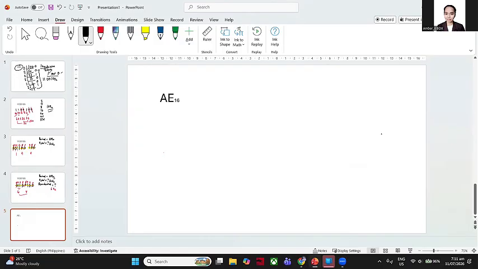We were going to translate this into decimal, binary, and octal.